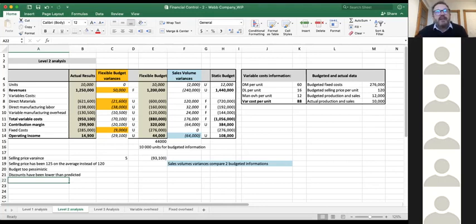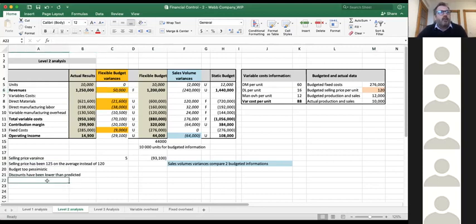So maybe we anticipate that in the price when we say 120 in the budgeted price, maybe that takes into account some discount that we usually do, 10%, 5%. And so finally, the fact that we have 125 instead of 120 could be a first reason why we have a better price.